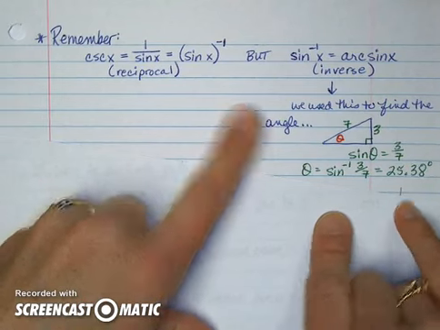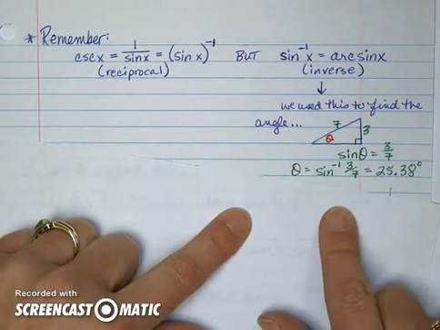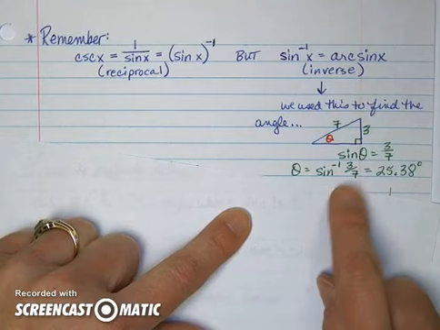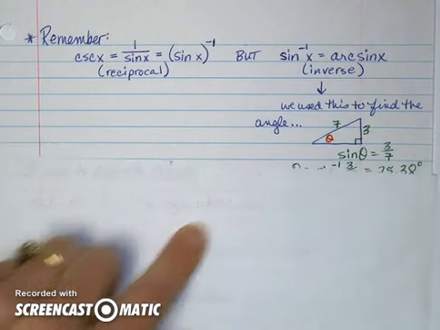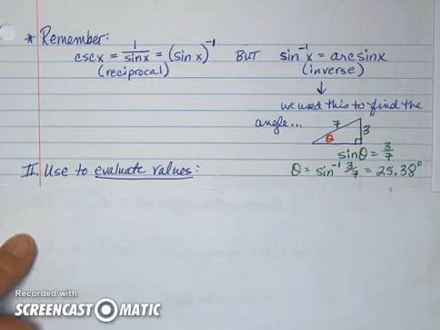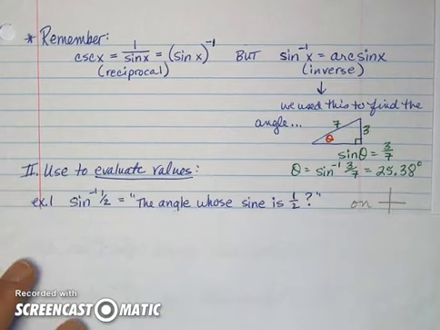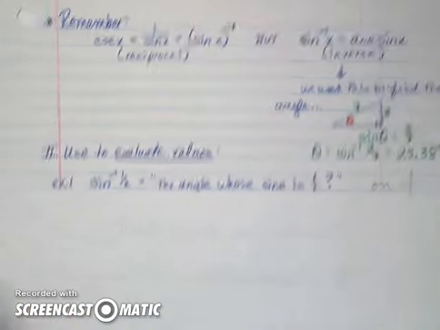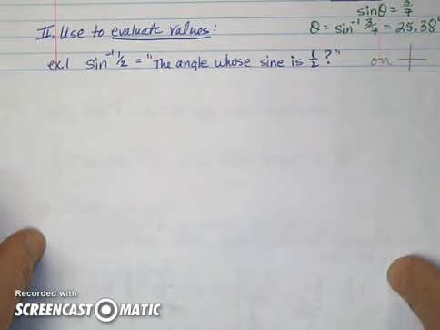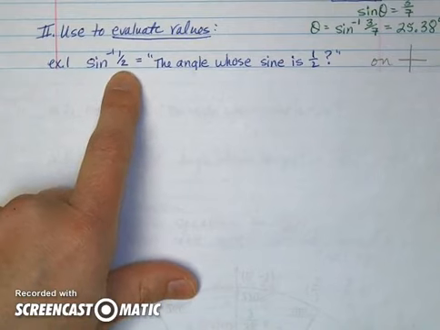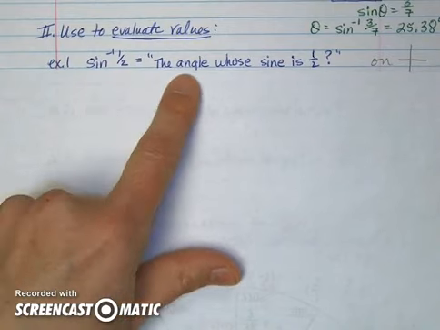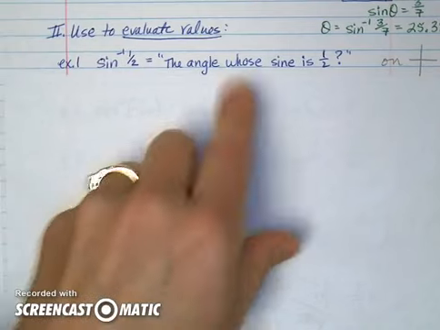Now, because of your new knowledge of the unit circle, you can now get a lot of these values without using the calculator, and the numbers will be nicer. And let's do some examples. We're going to evaluate using the unit circle. So my first example is, evaluate the inverse sine of 1/2. What is that equal to? That is asking, what is the angle whose sine is 1/2?